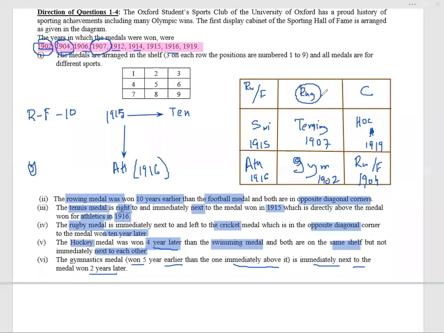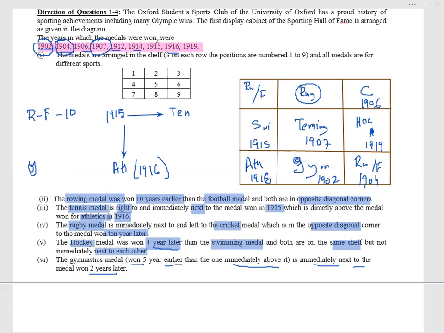What is left? Rugby, cricket, rowing, football. What we know about the rugby medal is that it is next to the cricket medal, in the opposite diagonal. Cricket is in the opposite diagonal of the medal won 10 years later. Athletics is 1906, so 1916 is athletics, and 1906 is cricket.